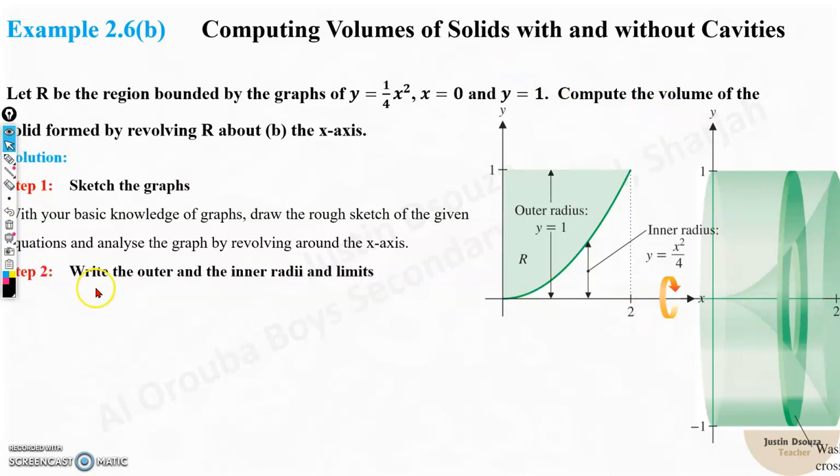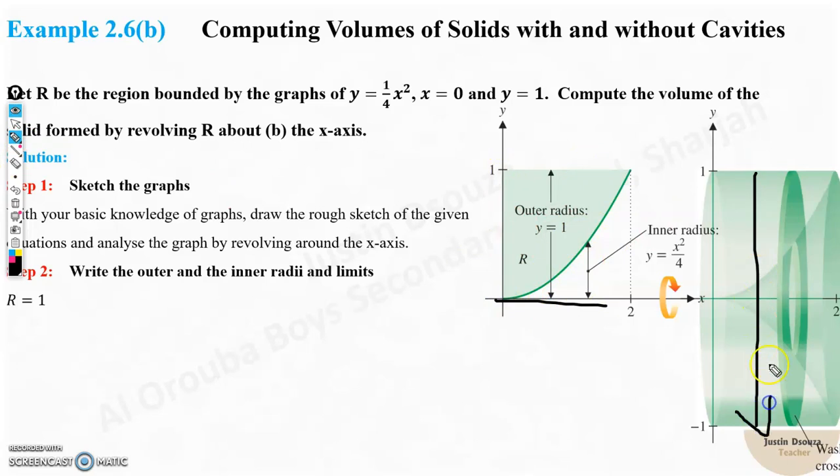Now we will try solving it. Write the limits over here. This is very important. Sorry, radii and limits. What is the outer radius? Now we can see over here the outer radius from the x-axis, not the entire length. This is diameter. We need just the outer radius, the big radius from here to here. That is 1.